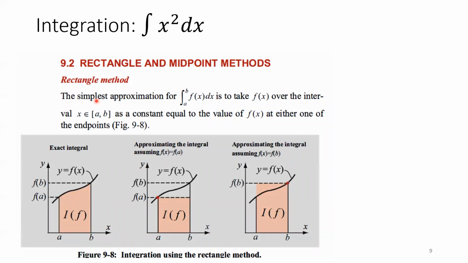So integration, of course, gives us the area under the function. So if we have some function f of x, we can get the exact calculation using the analytical integration, and then we're going to learn how to approximate them using different methods.